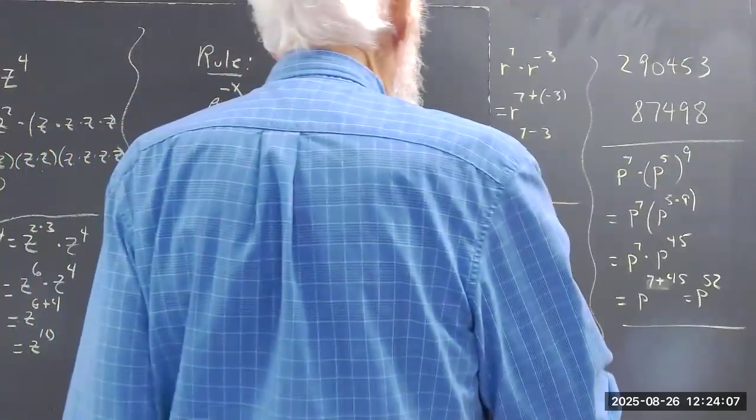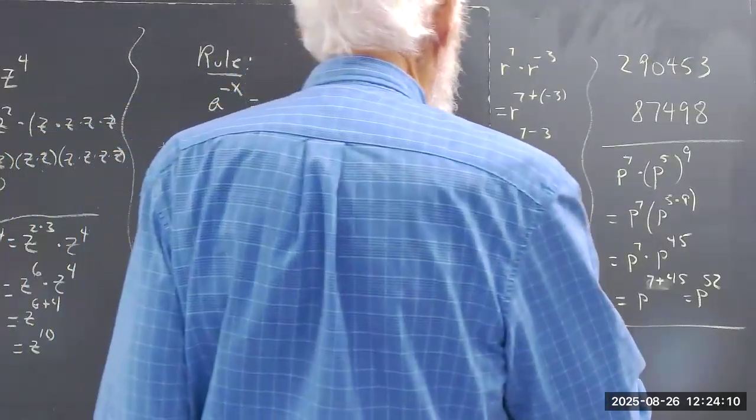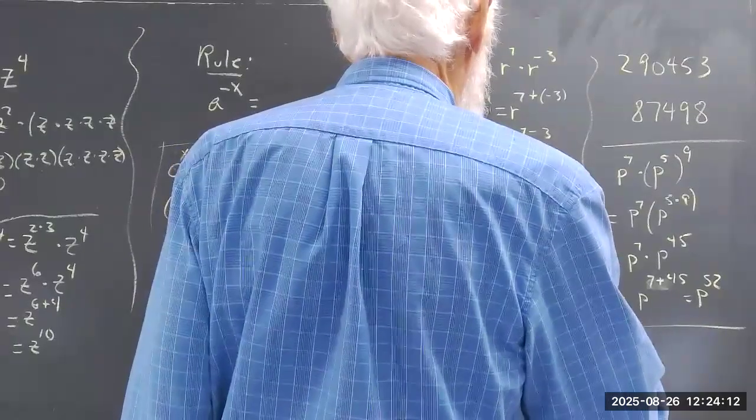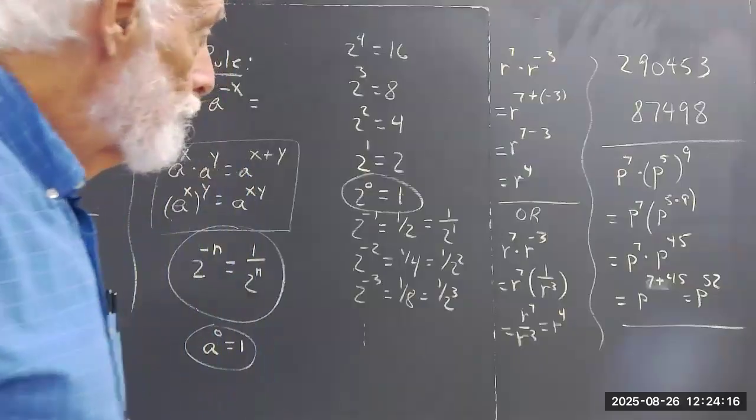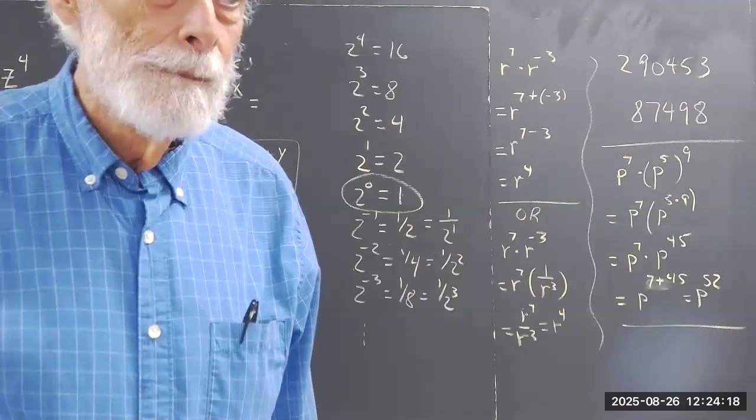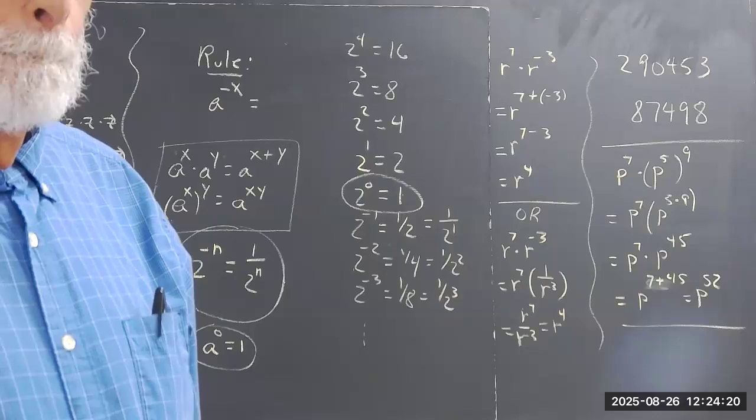And then what's r to the 7th over r to the third? Well, that's r to the 4th. Makes sense?